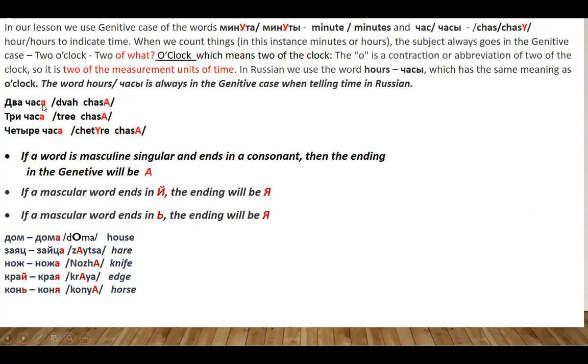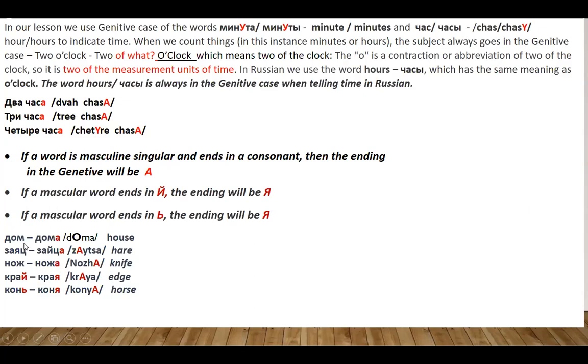But if it's masculine and in singular, but ends in й, then the ending will be soft я. Or if a masculine word in singular also ends in a soft sign, basically a soft consonant, the ending will be also я, like in this instance.